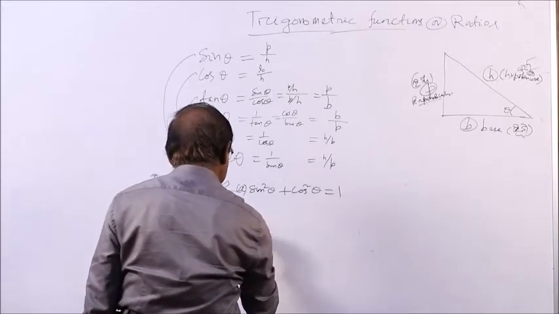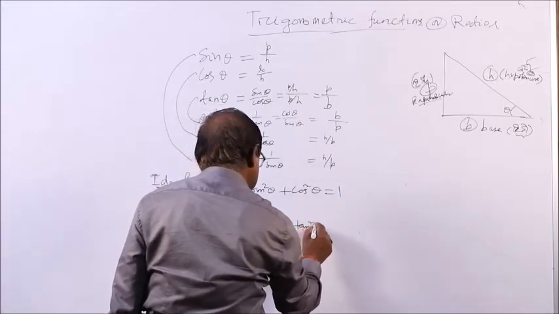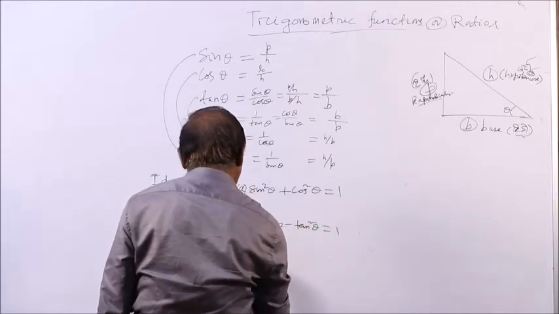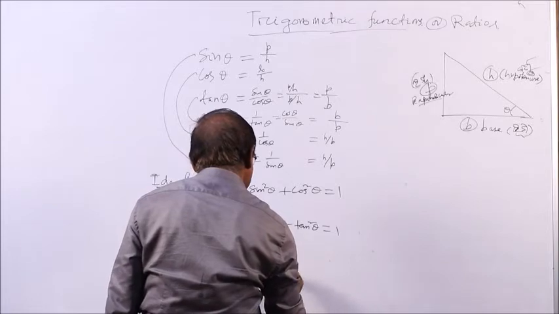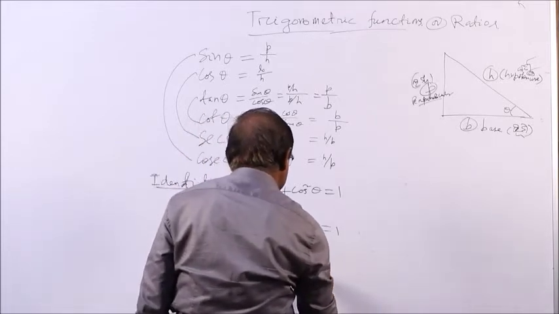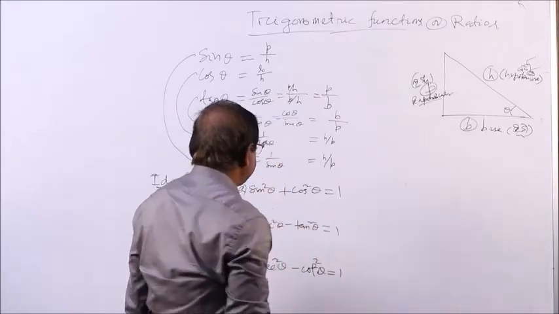Second one is sec square theta minus tan square theta is 1. Cosec square theta minus cot square theta is 1.